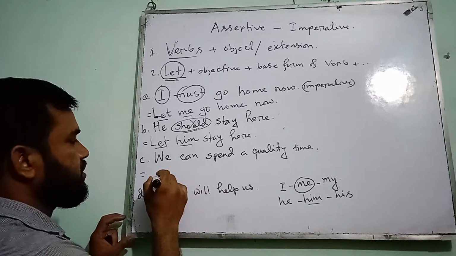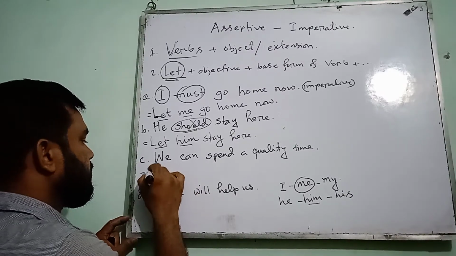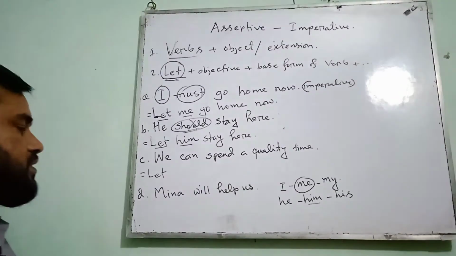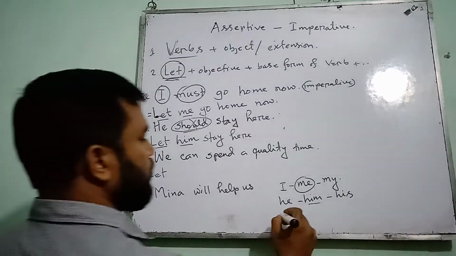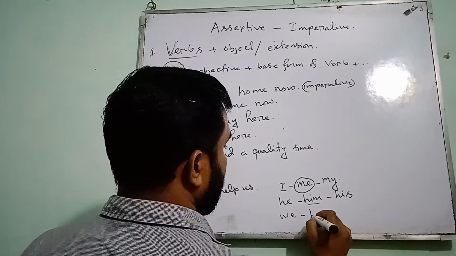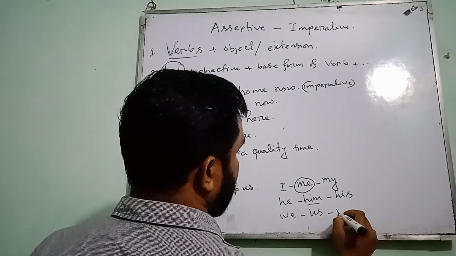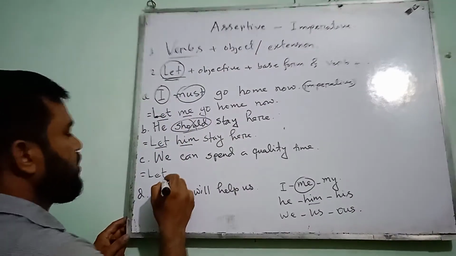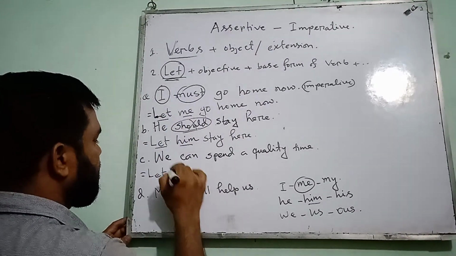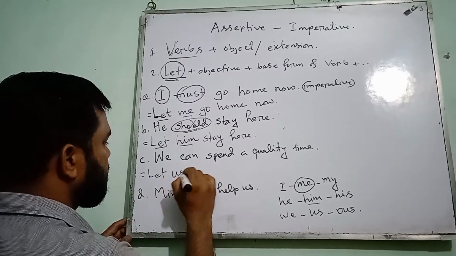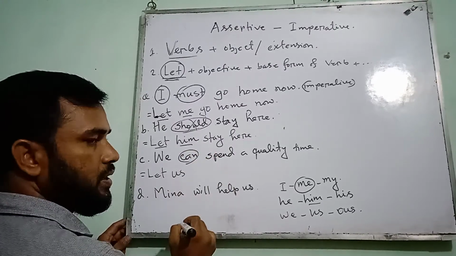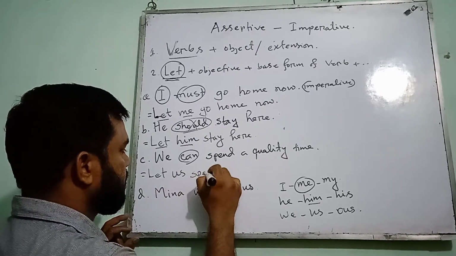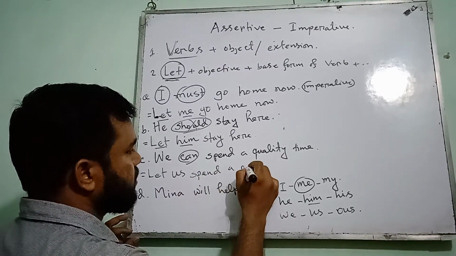We can spend quality time. The first word I have to write here is "let". Then we is the subjective, us is the objective, and our is the possessive form of the pronoun we. Then "let us". "Can" is the auxiliary verb, you know. Let us spend quality time.